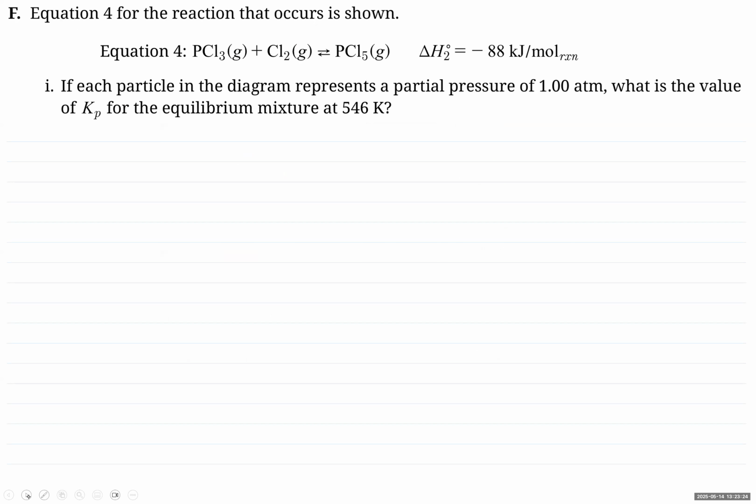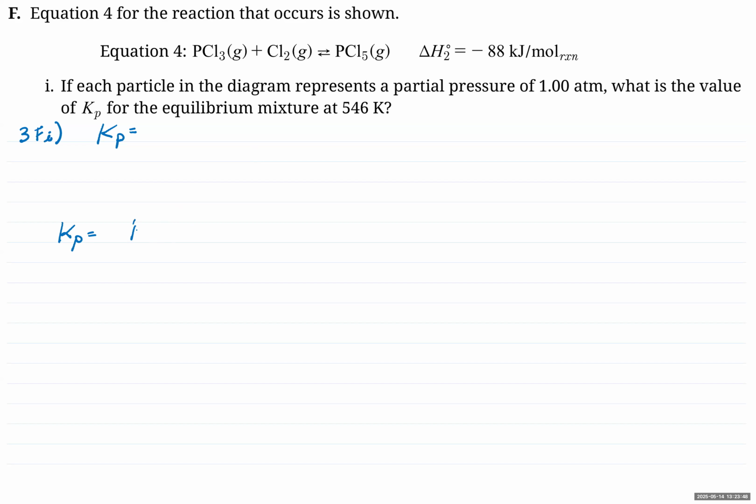All right, so we are going to have to answer this. It's going to be 3Fi, and they want to know what Kp is, so I'm going to do that. Let's just start getting some values out. We could write the expression for our Kp. What is our expression for our Kp? It's always products over reactants, right?